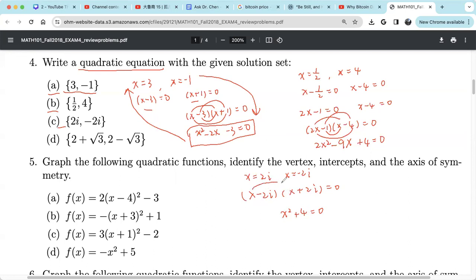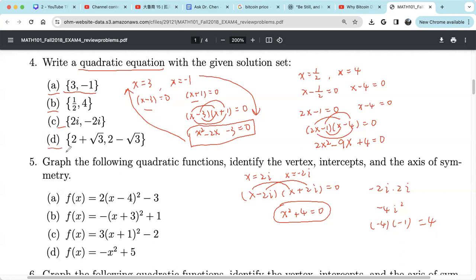We can check: x times x is x squared, -2i times 2i gives -4i squared, but i squared is -1, so we have -4 times -1, which becomes positive 4. So that's our original equation. In the real number world we have a difference of two squares, but in the complex number world, a sum of two squares can be factored.